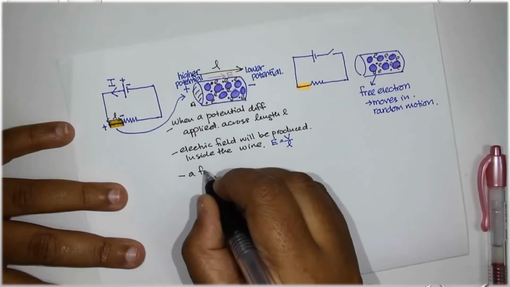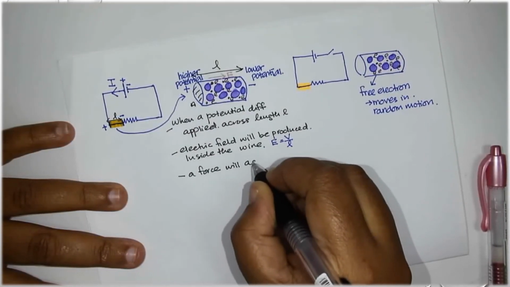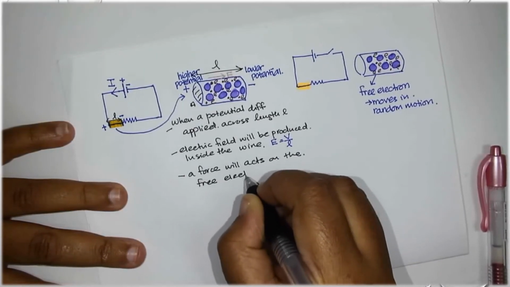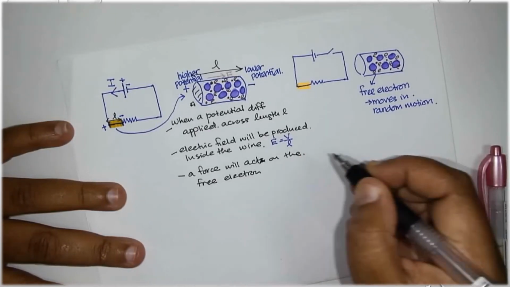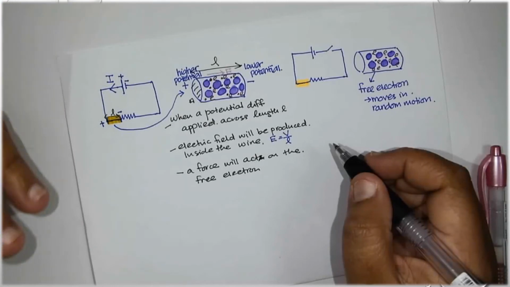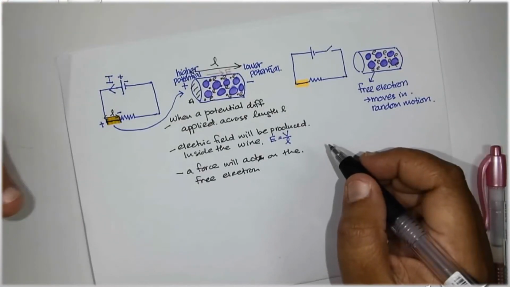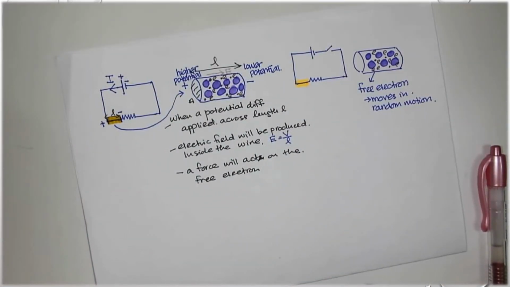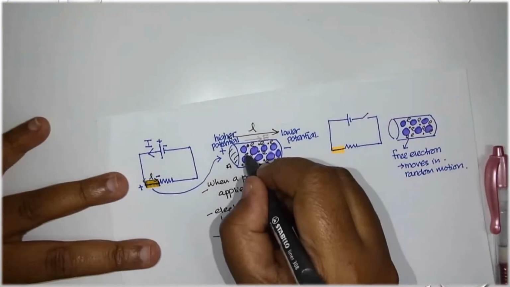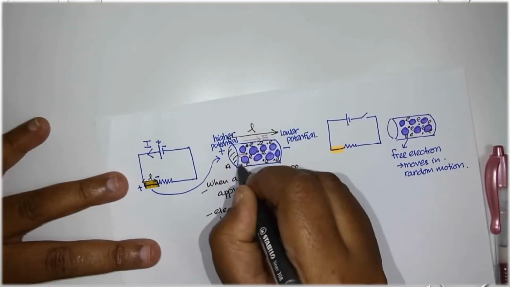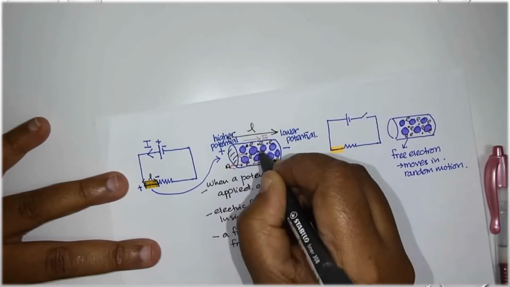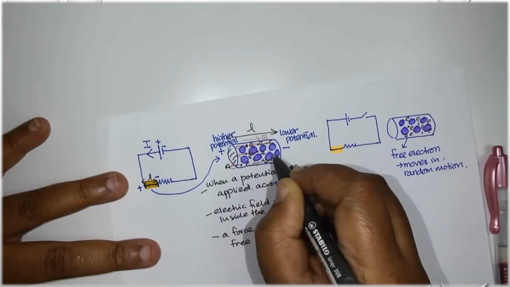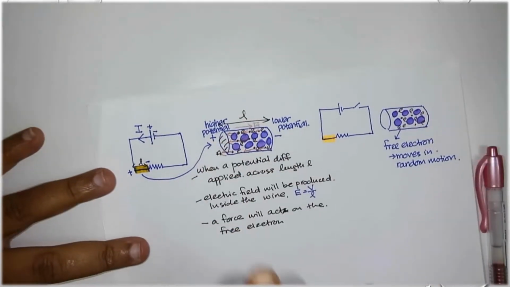A force will act on the electron. The electric field causes an electric force to act on every free electron. So there will be a force that acts on the free electron, which will be in this direction, because the electrons will proceed to the positive potential, which is the higher potential.